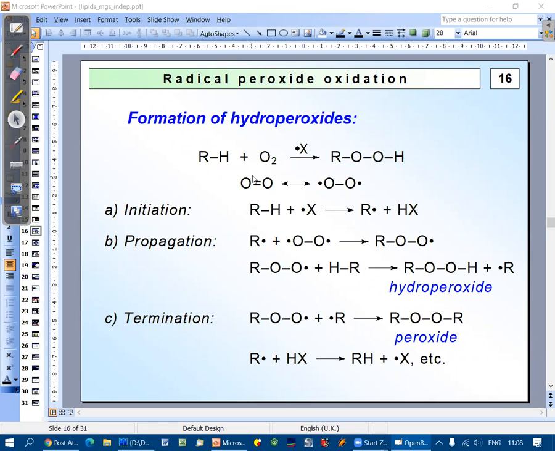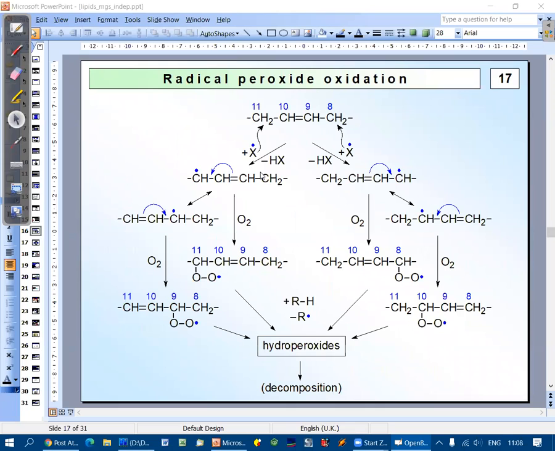This is the mechanism of peroxide oxidation, just to remind you. And if it is this long unsaturated chain, then a particle, a free radical that will initiate the reaction of peroxide oxidation will attack carbon atom next to double bond.